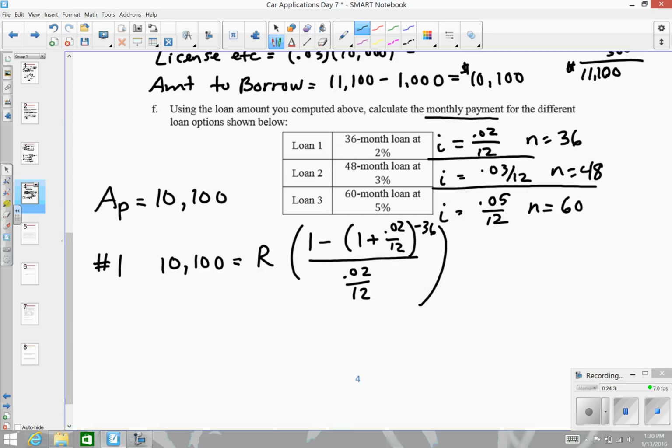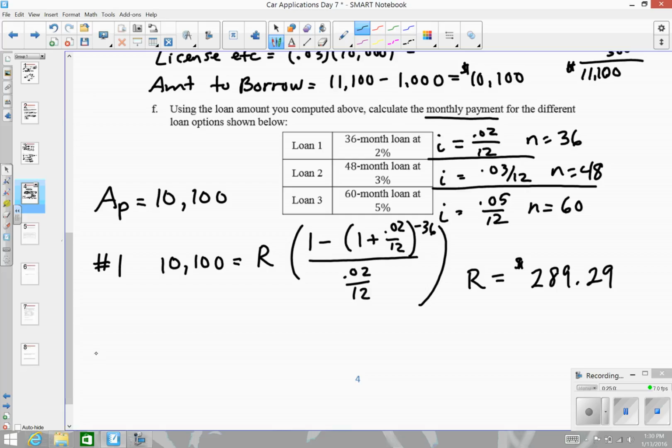That becomes your coefficient of R. You can take your 10,100 divided by that answer, and that gives you R. In this case, I got a monthly payment, or an R value, of $289.29. So that's for loan number one.